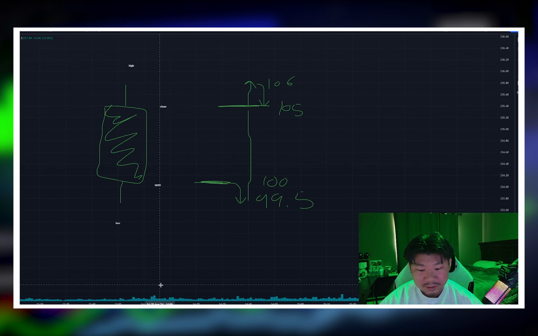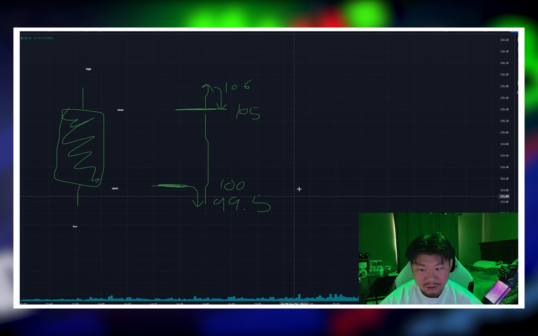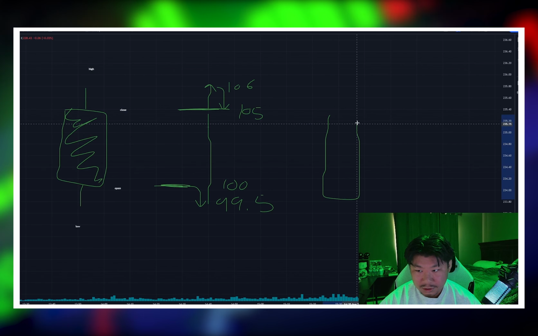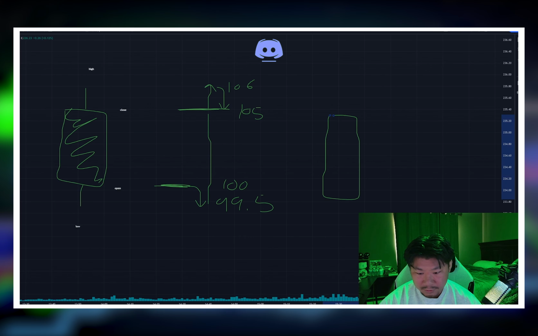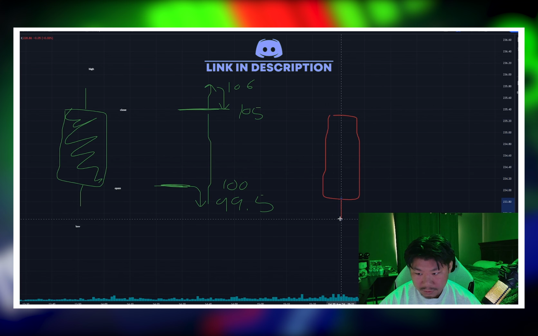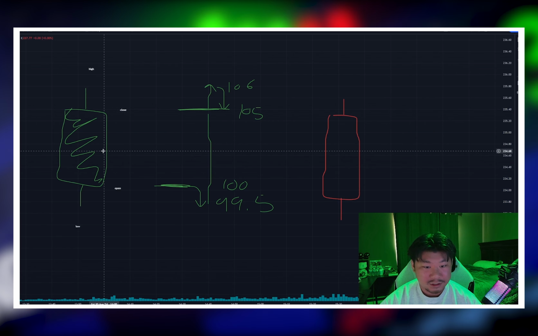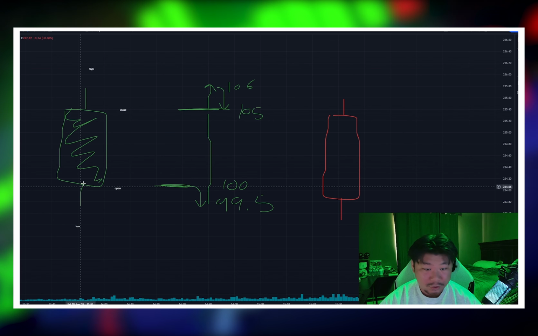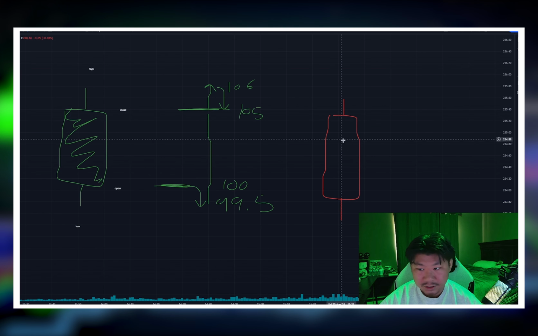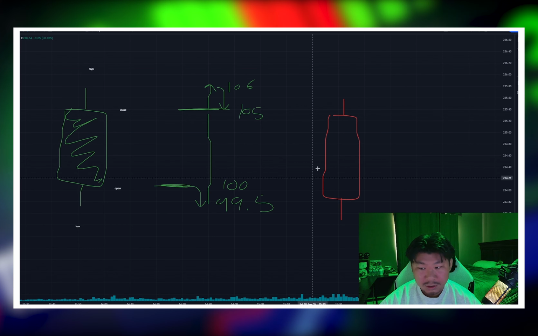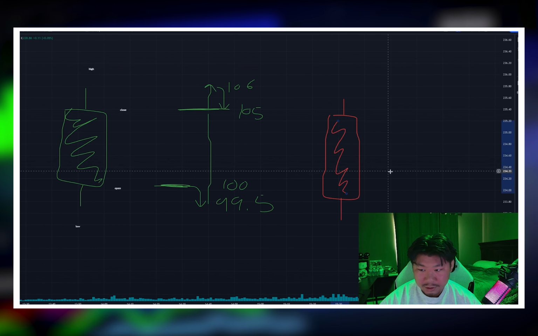And it's literally going to be the same thing for the downside. So let me draw it for the downside for you guys. So right here, we're going to have a red candle. Right here, we have the wicks. Now, it's the same principle as the green candle right over here. The green one obviously indicating bullishness, and the red one indicating bearishness. Let me fill this in real quick.